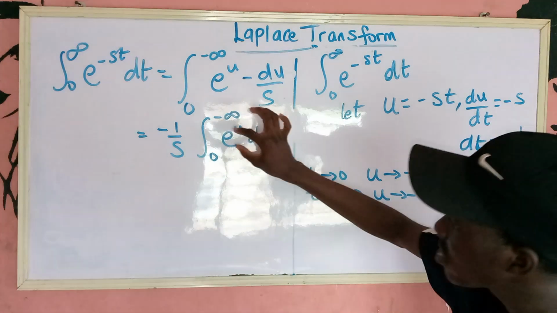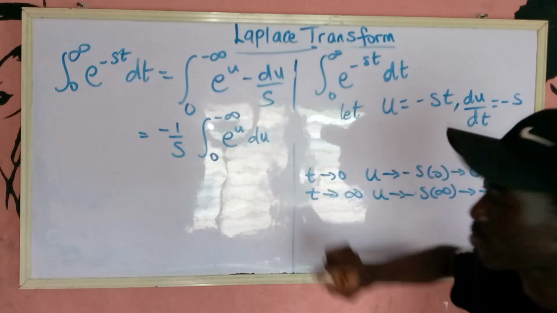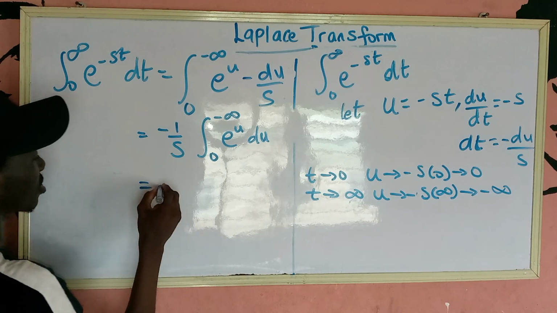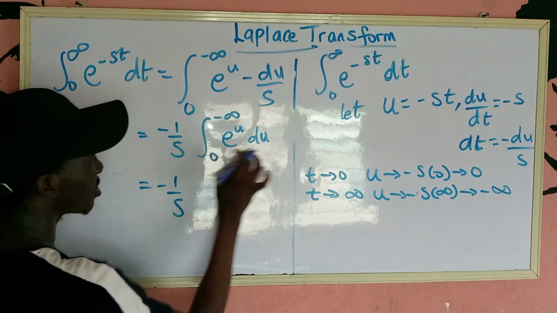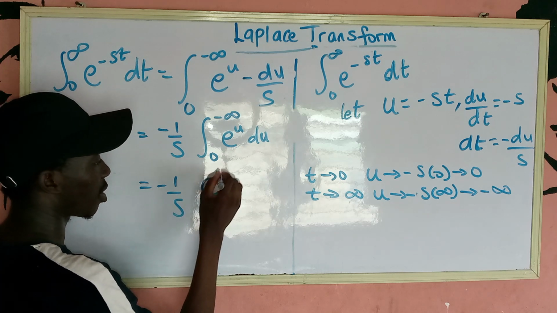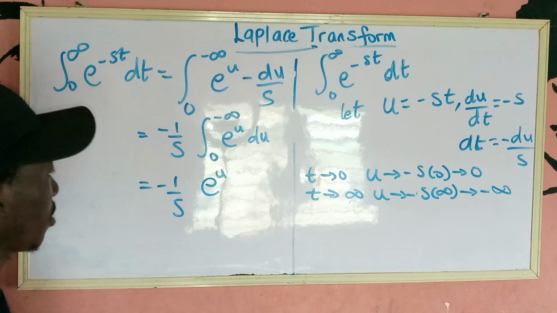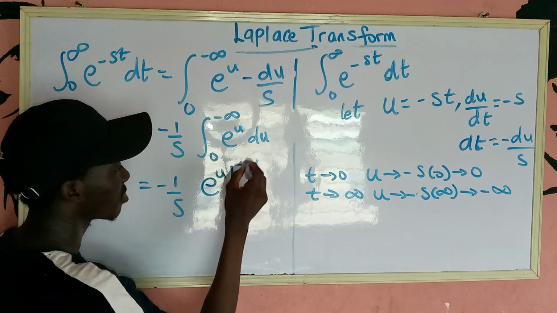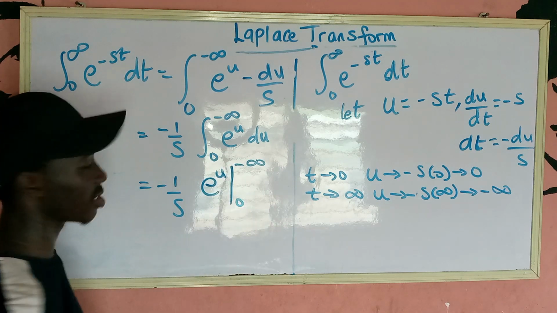But this is an elementary integral: the integral of e raised to power u, without the boundary, is equal to e raised to power u. Then you can put the boundary, minus infinity and 0.